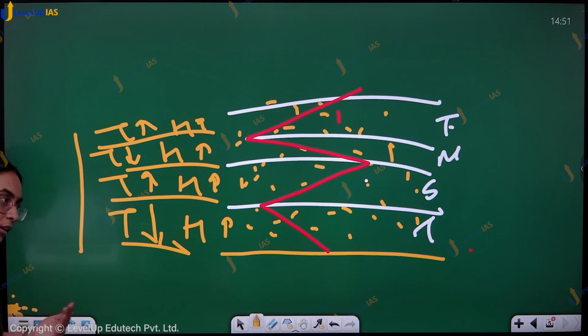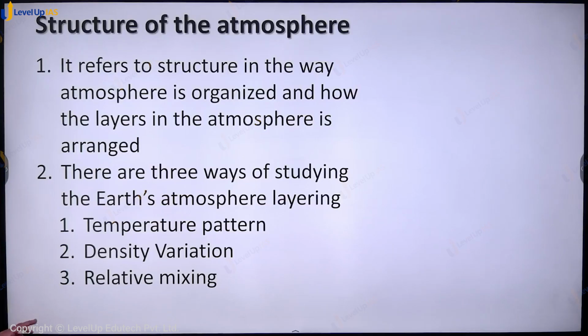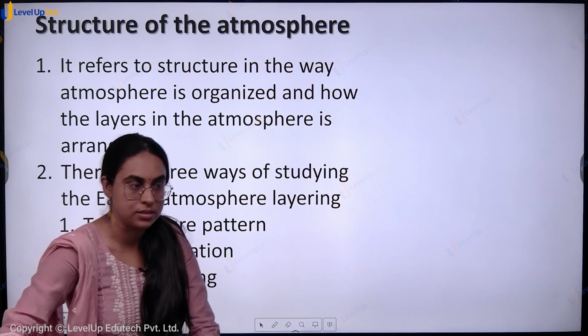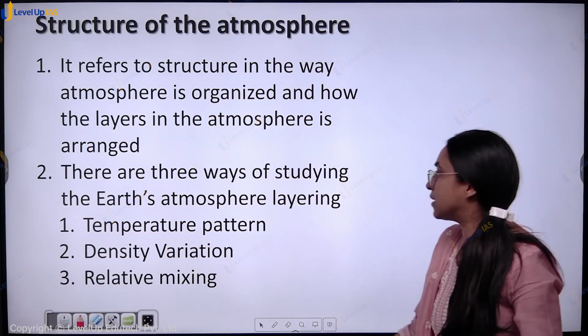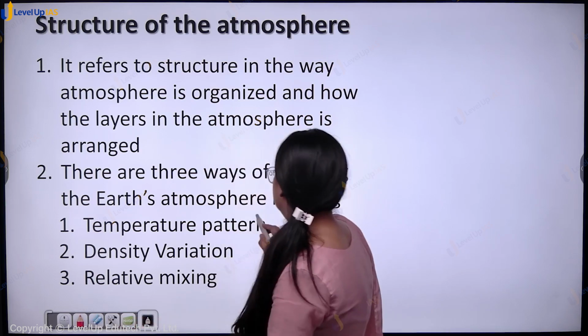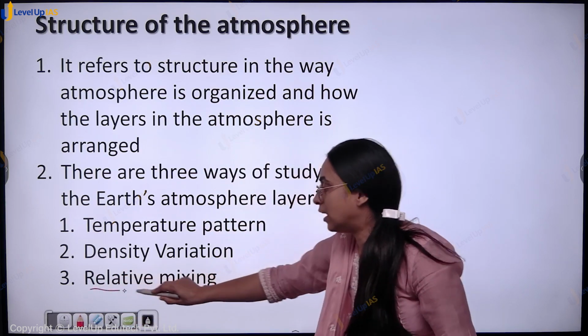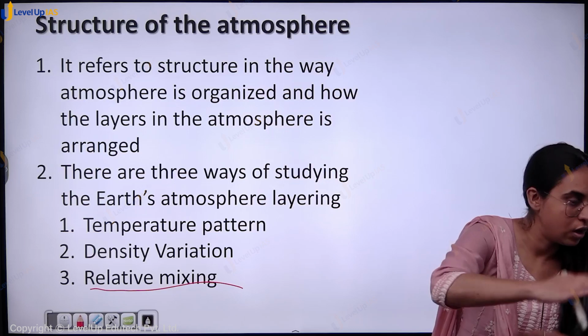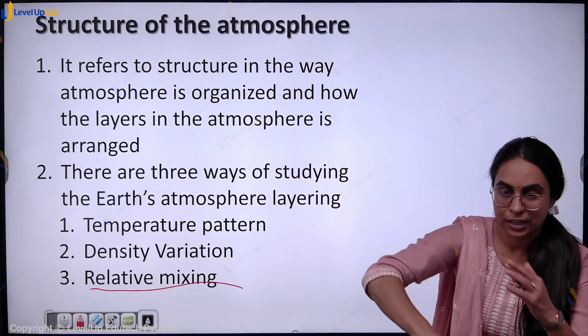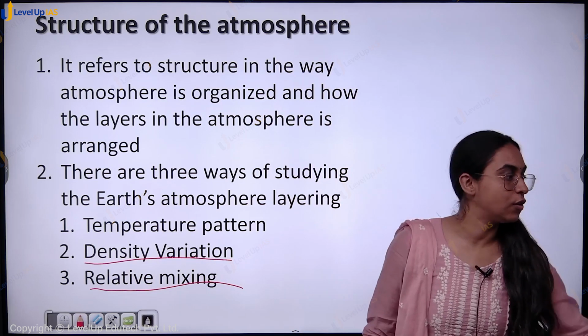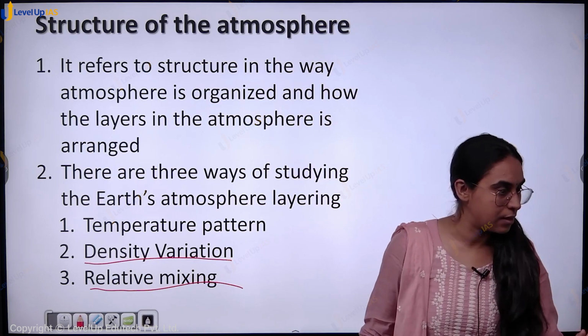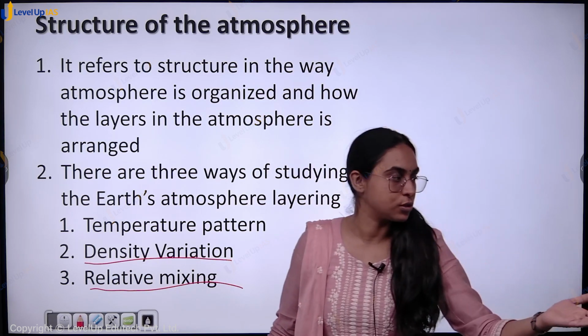Right? There are other patterns also in which you can layer. There can be 3 patterns in which you can layer your atmosphere. One, on the basis of relative mixing, if they are mixing or not. That is what composition is. कि mix हो रहा है कि नहीं हो रहा है. I can also have a layering on the basis of density. It is not TSMT, not troposphere, stratosphere, mesosphere, thermosphere.